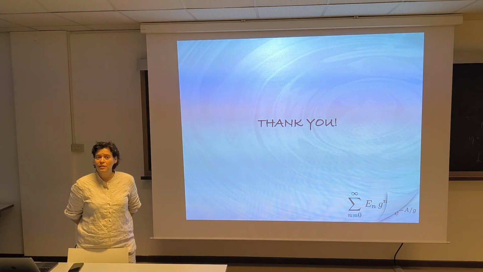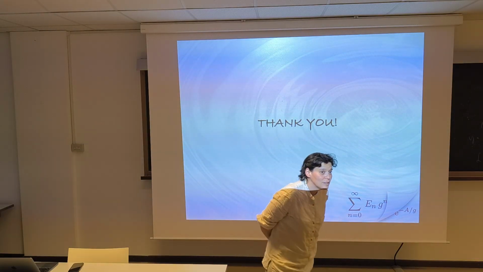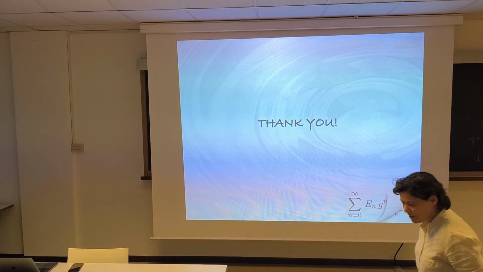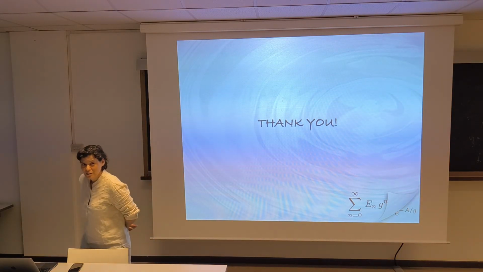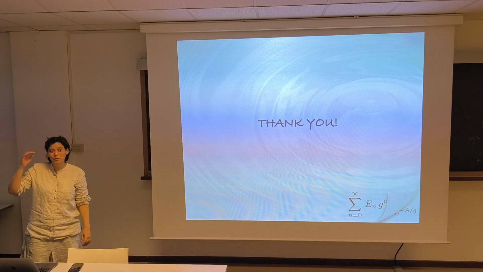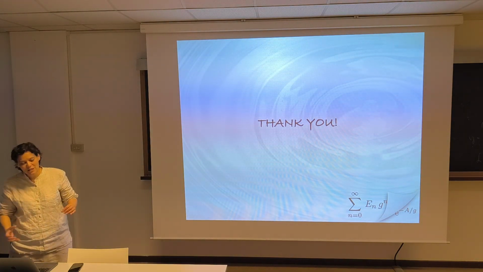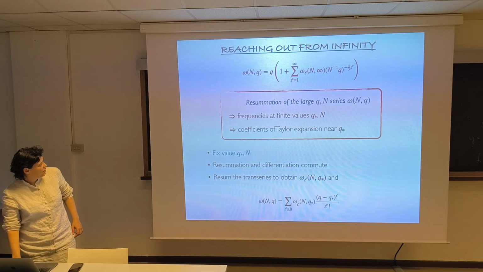Questions? Please. Can you elaborate a bit more on what exactly you did in the exact WKB? You said you do exact WKB and get some answer, but basically you need to calculate these periods, several terms of these periods, which means you have to truncate at some order.